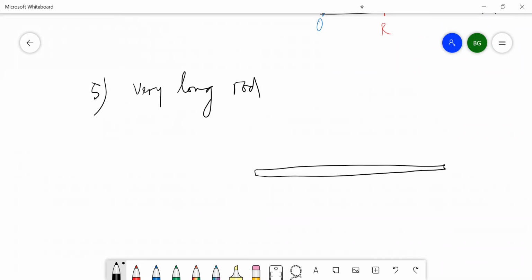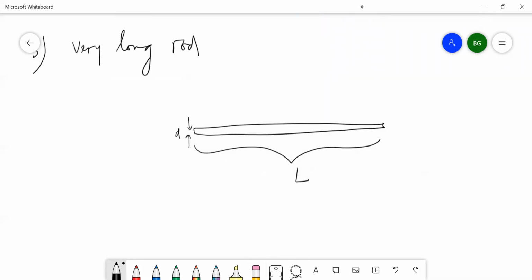Very long means that we have a length, let's say capital L, and the width is, let's say, D. It means that this L is much, much greater than its width D.